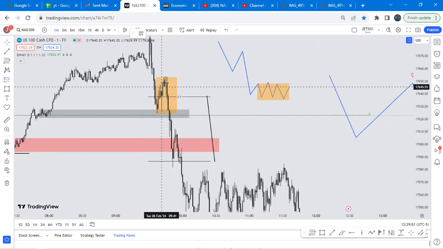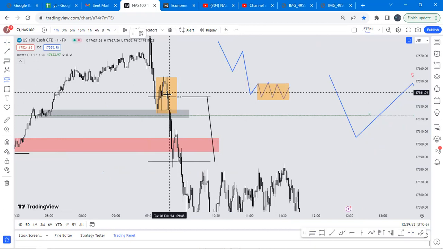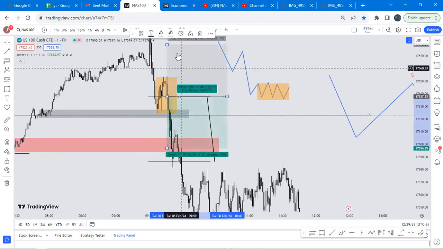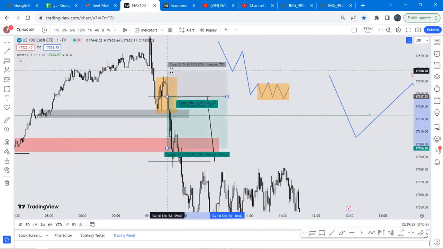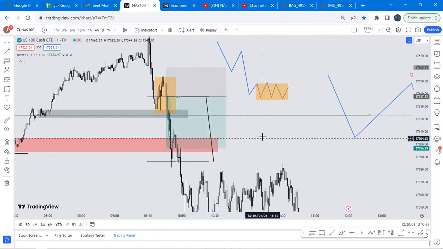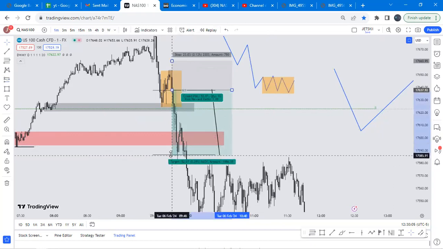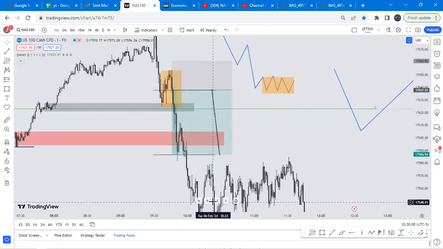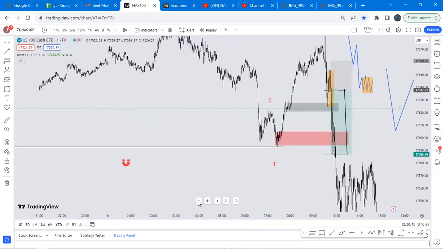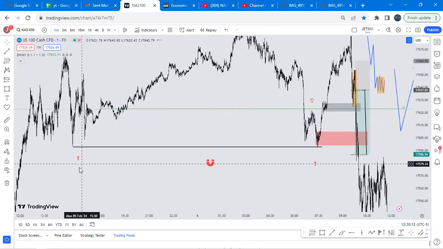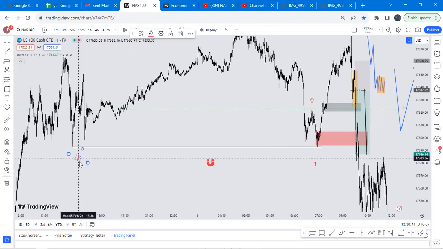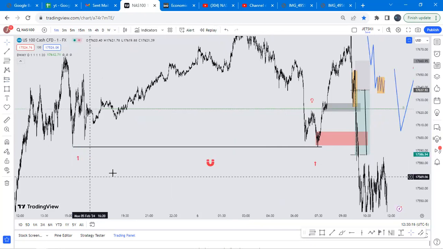You can enter on candlestick closure, or after this candlestick closes, that's one. To protect the stop, you can be here, and an easy one is to come out at that level. You can be inside, then look deeper because there's a lot of liquidity here.